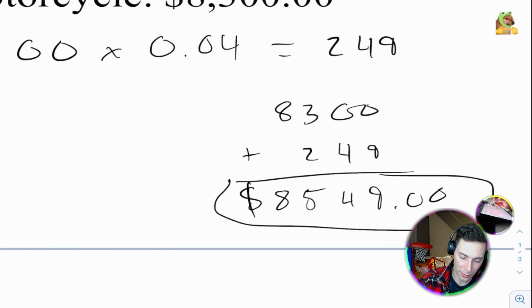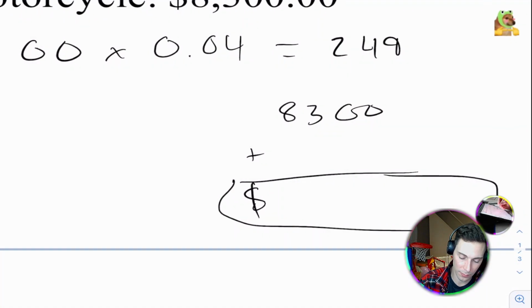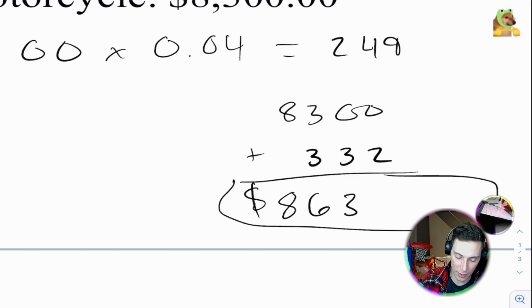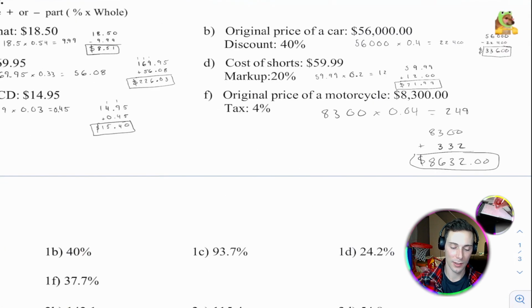What did I do? I was all excited about being done. I think I times by 3% tax. What's again? 332. 8,632 dollars. All right, that's better. Holy smokes. Okay.